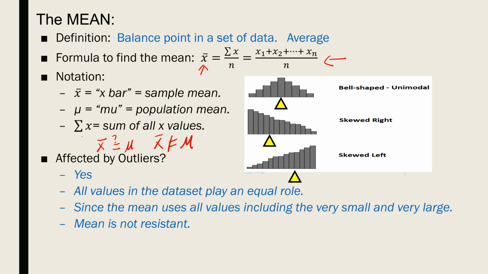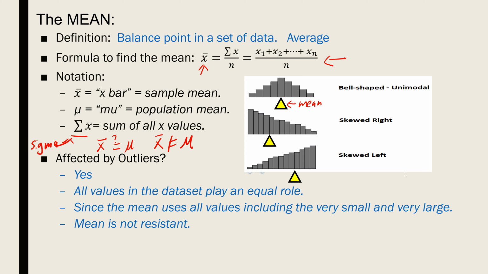And this is called sigma x. It is the summation of all x values. For a bell-shaped unimodal distribution, the mean usually locates at the center of the histogram.